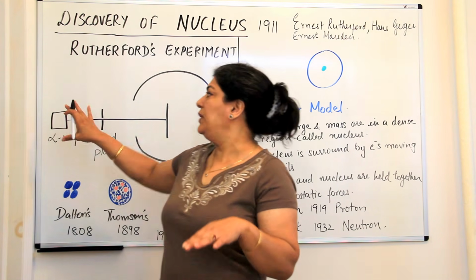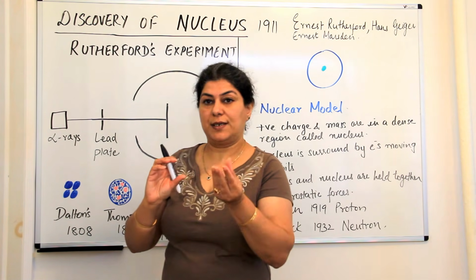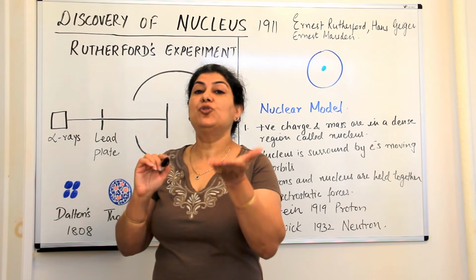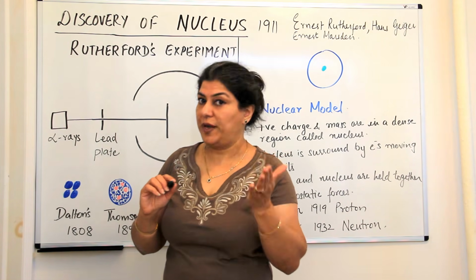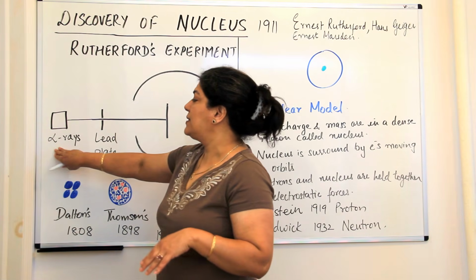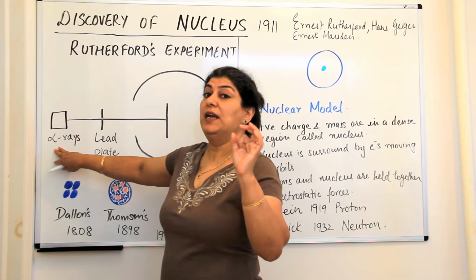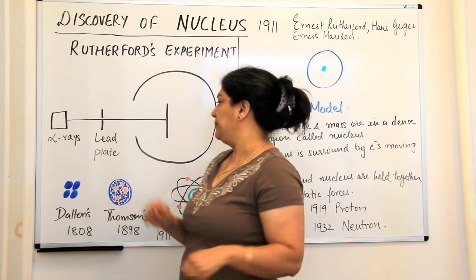At that time we only knew that it was a heavy particle which was very, very small in size, heavy in the sense that it had 2 positive charges but a mass of 4 AMU, and it was extremely tiny, but it had force.